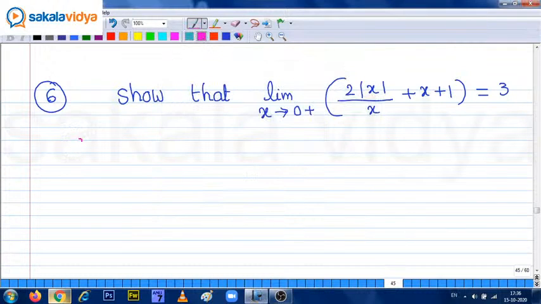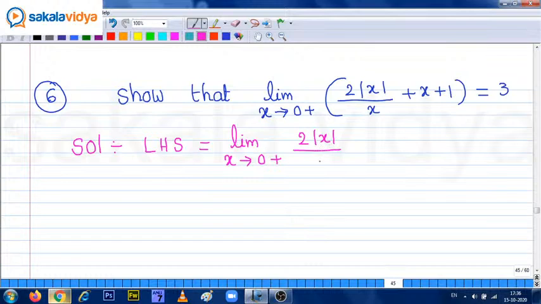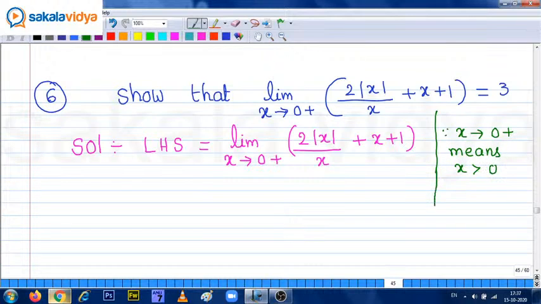Okay, solution now. Consider the left hand side equals limit x tends to 0 plus of 2 mod x upon x plus 1. Here x tends to 0 plus means x is greater than 0. When x is greater than 0, the modulus function is defined as plus x.